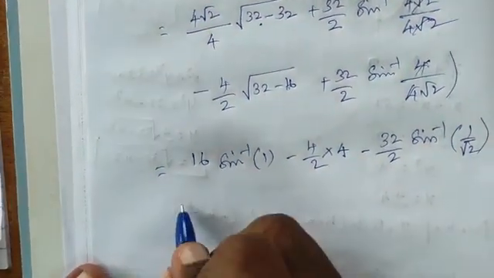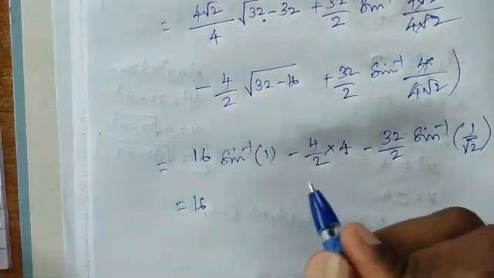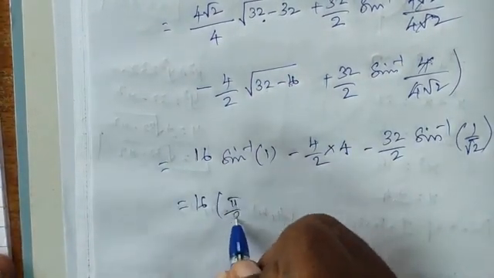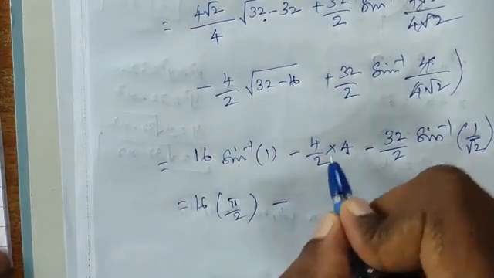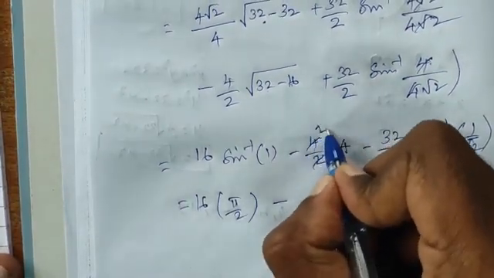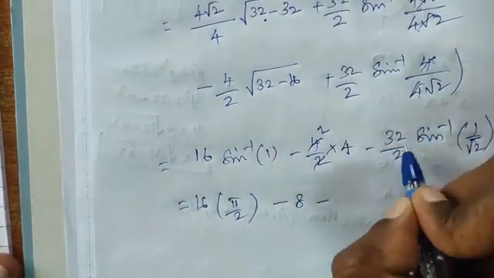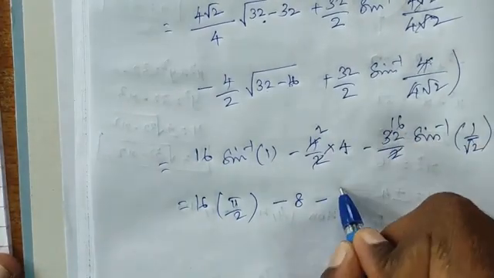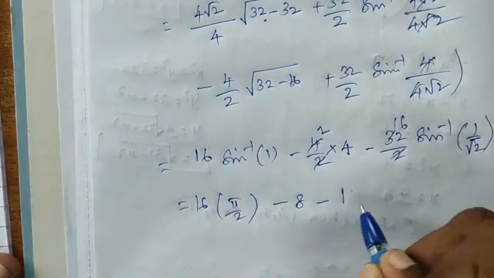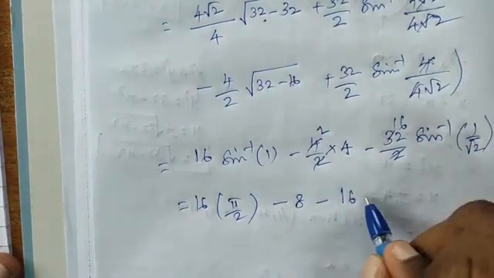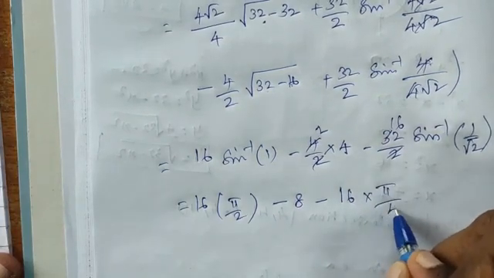So we get 16 into sine inverse of 1, which is pi by 2, minus 8, minus 16 into sine inverse of 1 by root 2, which is pi by 4.